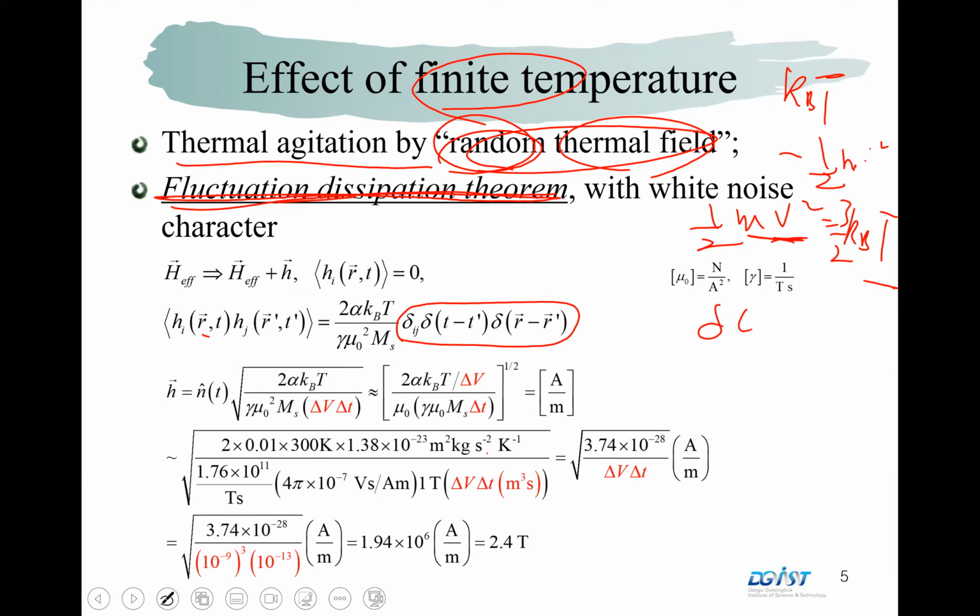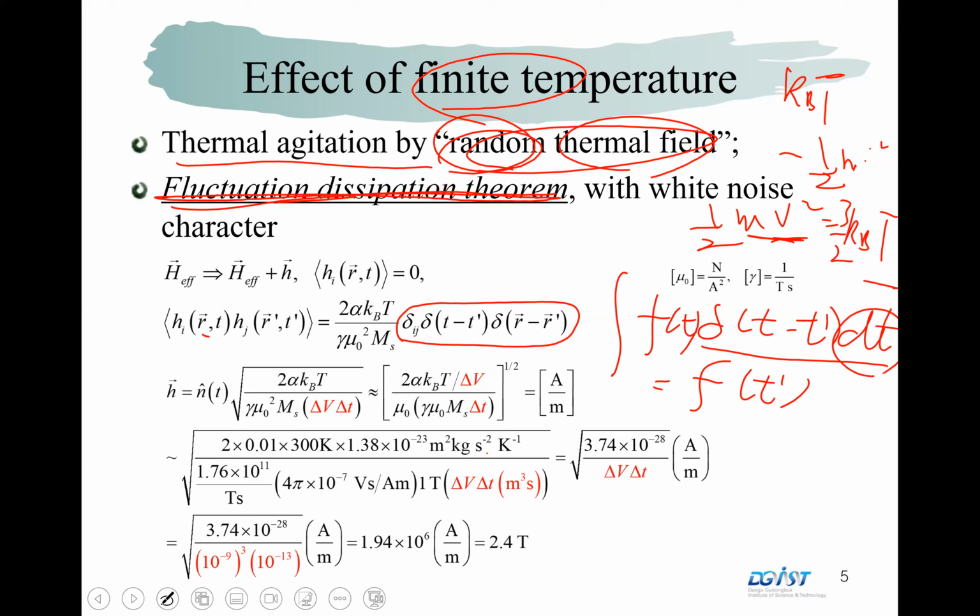If you multiply this kind of delta function by some function f of t and take the integral, we obtain f of t prime, right? So that means the delta function multiplied by this integrand is dimensionless. So the delta function, for time, has the dimension of the inverse of time. Okay?